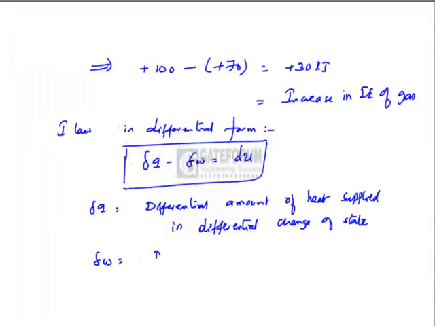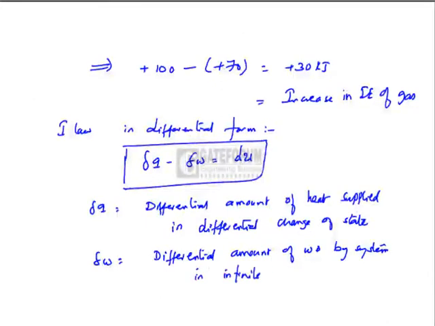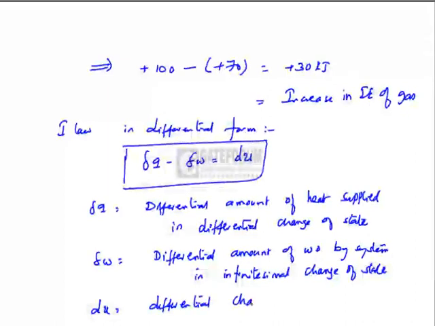Delta W is equal to differential amount of work done by system in infinitesimal change of state, and dU is differential change in internal energy of system.